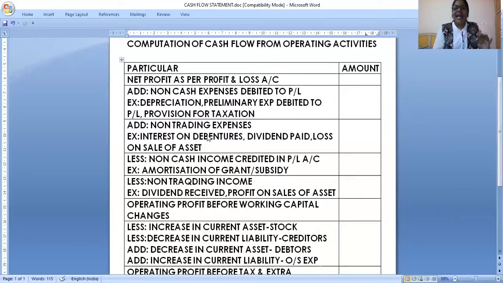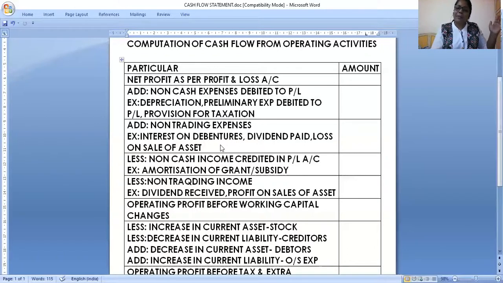Same way, add non-trading expense. Now what's the difference? Non-cash expense means expense which is not in cash. Non-trading expense is expense which may be in cash, but it is not related to your main core operating activities. Suppose you have debited interest on debentures 5 rupees, and after that your net profit is 50. But interest on debentures comes as an outflow in the financing activity.